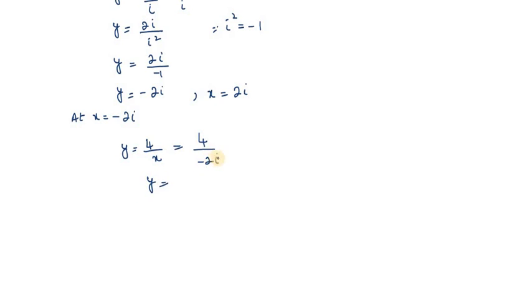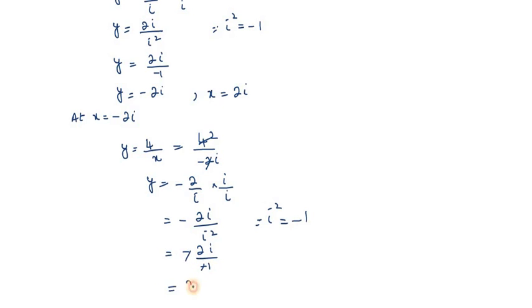So y is equals to minus 2 upon iota. Again multiply and divide by iota, 2 iota upon iota square. The value of iota square is equals to minus 1. By putting this value of iota square, the minus minus cancel, and here the value of y is equals to 2 iota when we put x is equals to minus 2 iota.